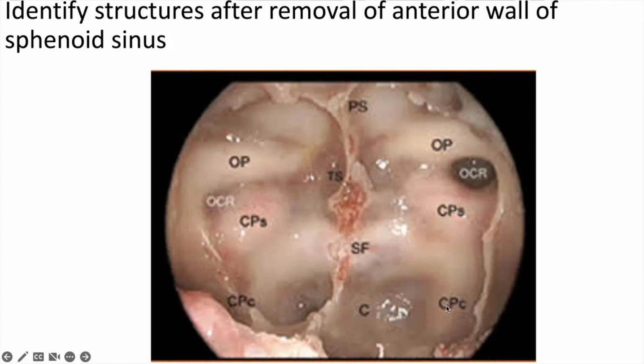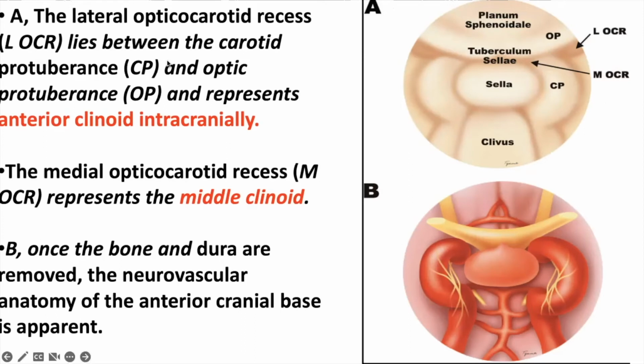So find both the clival carotid arteries, and the middle of these two carotid arteries will be the midline. So identify the lateral opticocarotid recess, medial carotid protuberance. I have already discussed the optic protuberance, the tuberculum sellae, the planum sphenoidale.